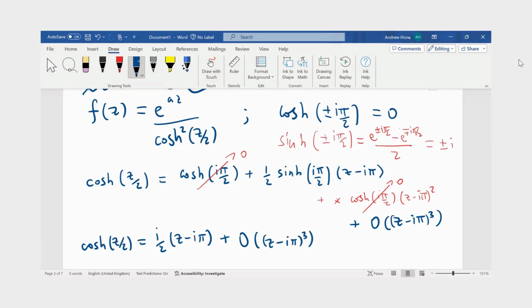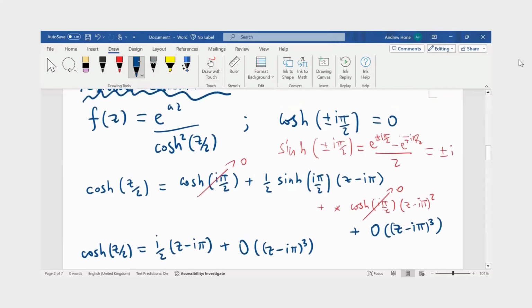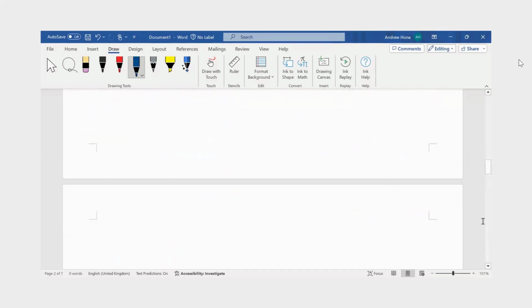So now what we want to do is figure out the Laurent series of f of z around that point. Okay, so this is a Taylor series that we just worked out. And now what I want to do is work out a Laurent series of that function of z.